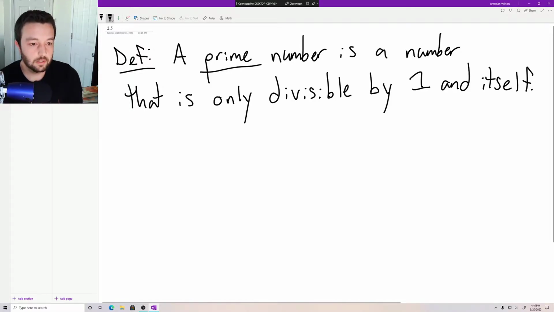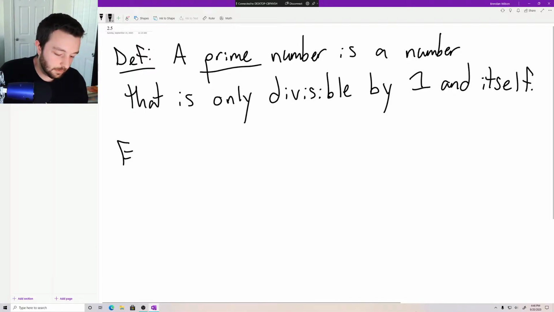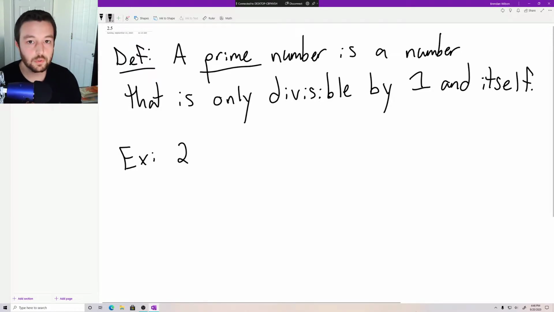So what would be some examples of these numbers? Well, let's think about it. An easy first example is 2, right? 2 is divisible by 2 and it's divisible by 1, but there's not any other numbers for it to possibly be divisible by.